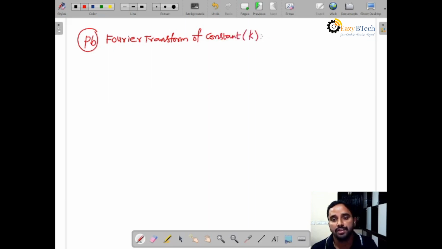So what is the Fourier transform of k? This constant may be any number. We can do this using the duality property.